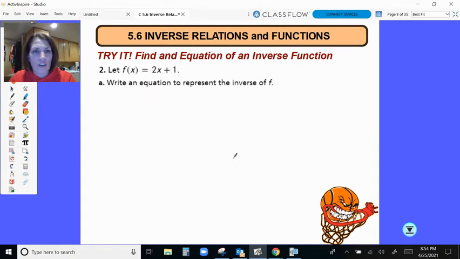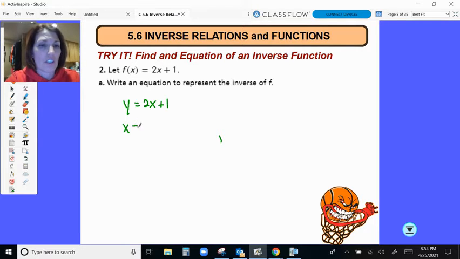All right, so write an equation to represent the inverse of f. And so again, in this case, we're just going to interchange. Instead of f of x, we're going to write y equals 2x plus 1. We're going to flip-flop x and y, so that's going to become x equals 2y plus 1. And we're just going to solve for y.